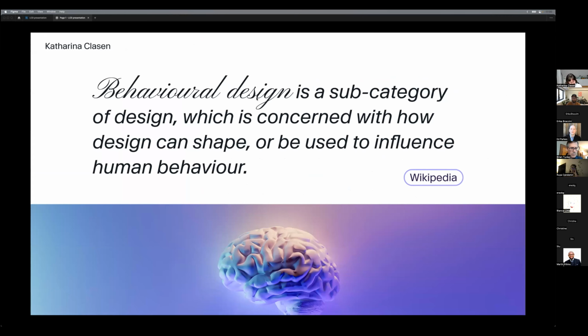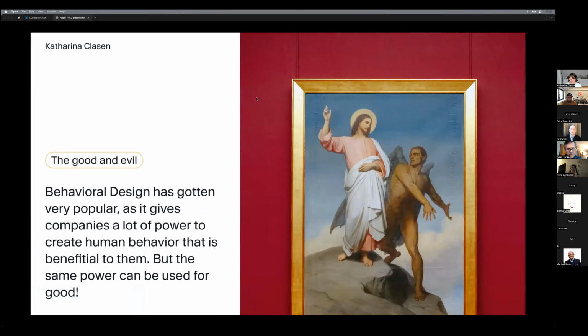Okay, and now that you know what behavioral design is, I think it is rather easy for you to understand why behavioral design got so popular in the past years. Because a company being able to design how their customers behave, it's really intriguing, right?